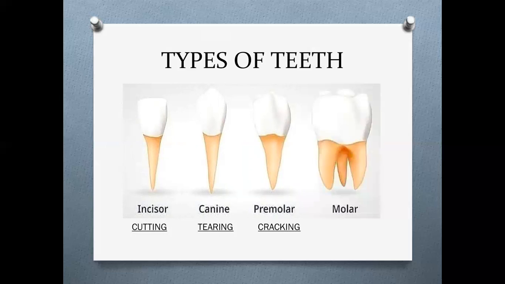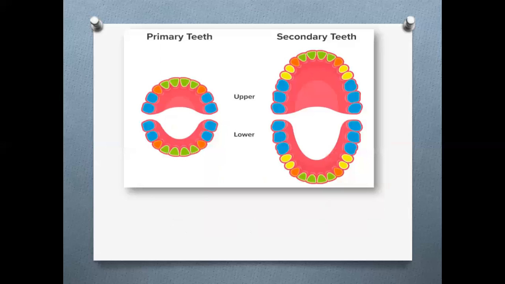And the molars are broader than the premolars. They are also used for chewing and grinding food, so they are called grinding teeth. To summarize, the slide shows the different types of teeth and their position in the arch or jaw.